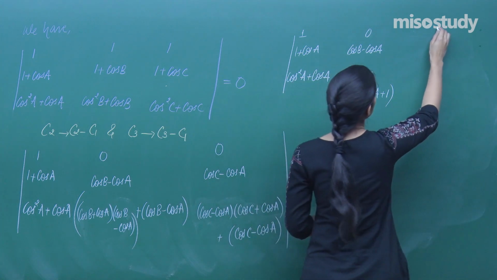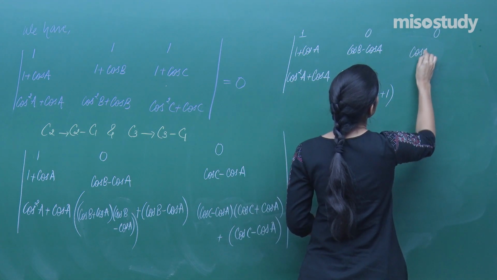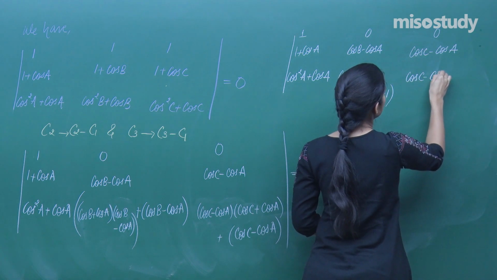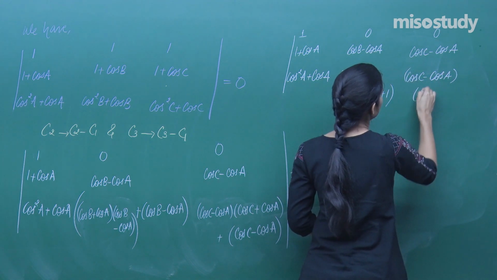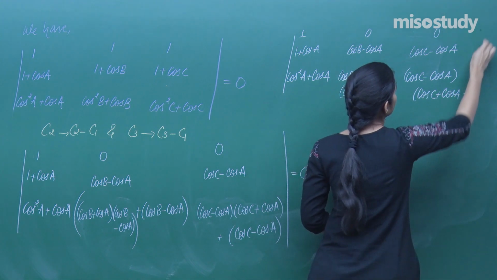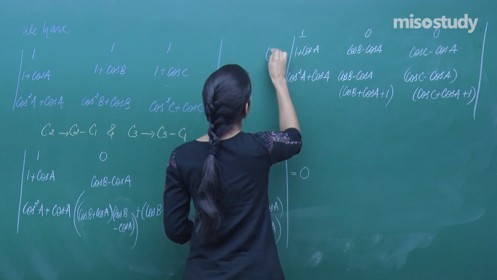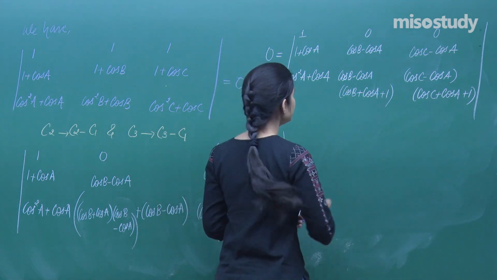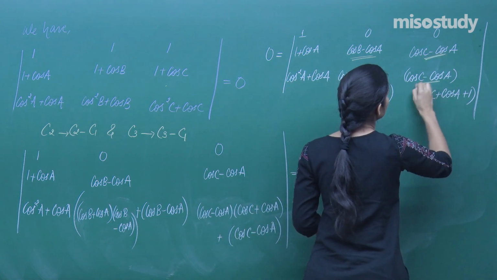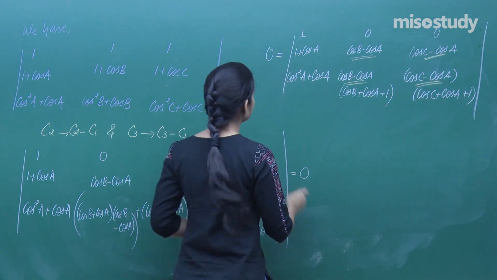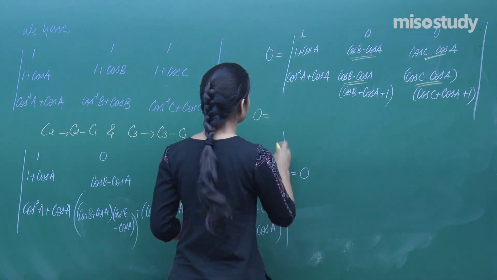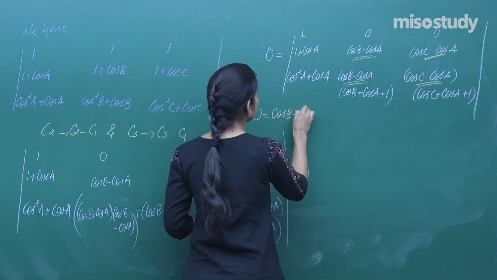Similarly over here you have 0, cos C minus cos A, and again I am taking out cos C minus cos A common. Inside you are left with cos C plus cos A plus 1, and this is given to be equal to 0. You can clearly see cos B minus cos A is common in the second column, cos C minus cos A is common in the third column. So I will take out cos B minus cos A from the second column and cos C minus cos A from the third column.